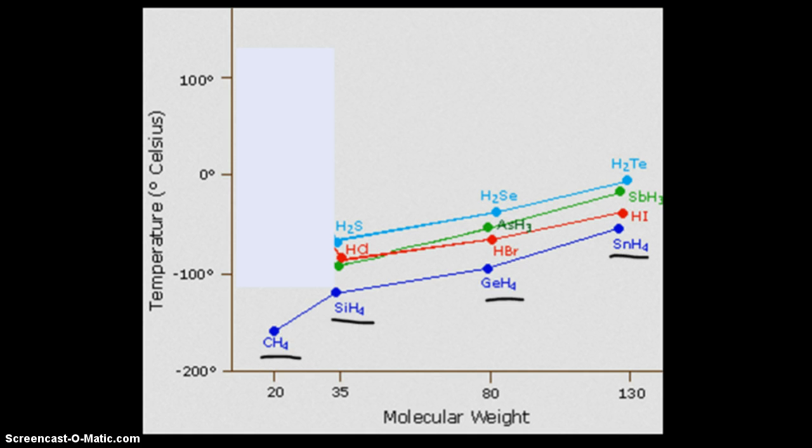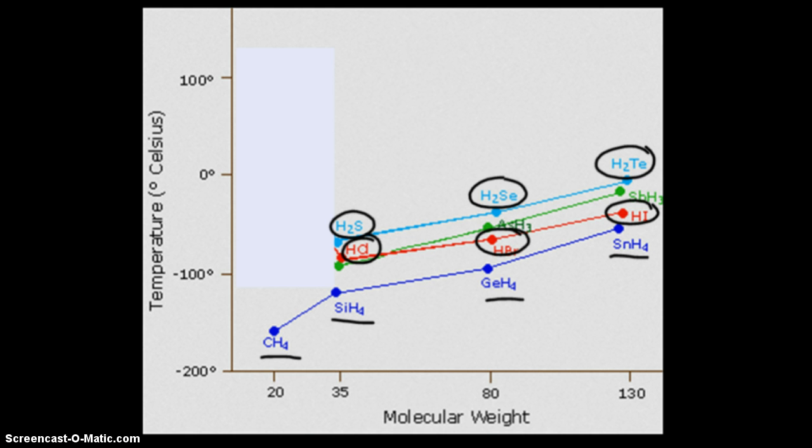And that is what we expect because, as we previously discussed, the London dispersion forces are increasing with the molecular weight, so we see an increase with the boiling points. Same thing we see here with HCl, HBr, HI, or H2S, H2Se, H2Te. These are the trends seen with hydrogen compounds in these groups.